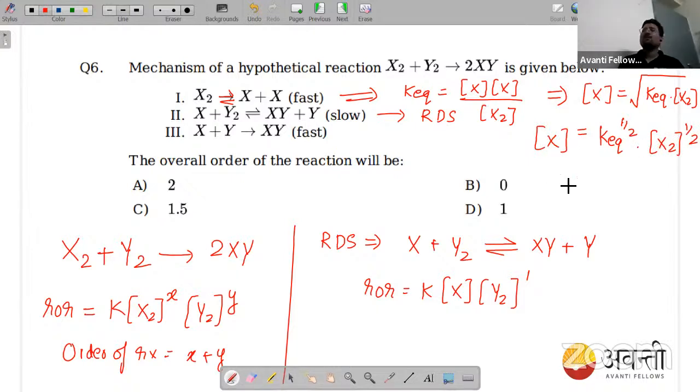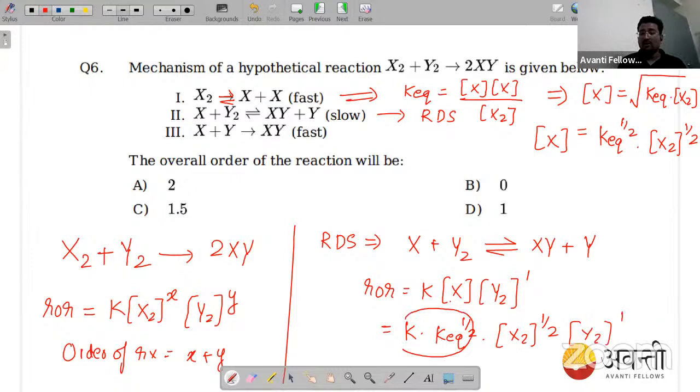Now put this value of X into this equation. So we can get k into K equilibrium to the power half, X2 to the power half and Y2 to the power 1. Now this k into K equilibrium to the power half is also one constant only. Constant into constant will give a constant value only.